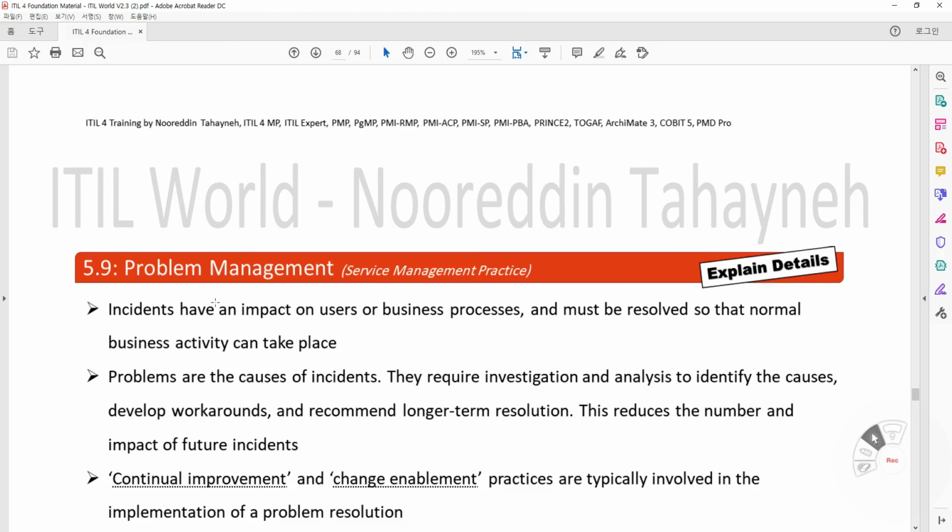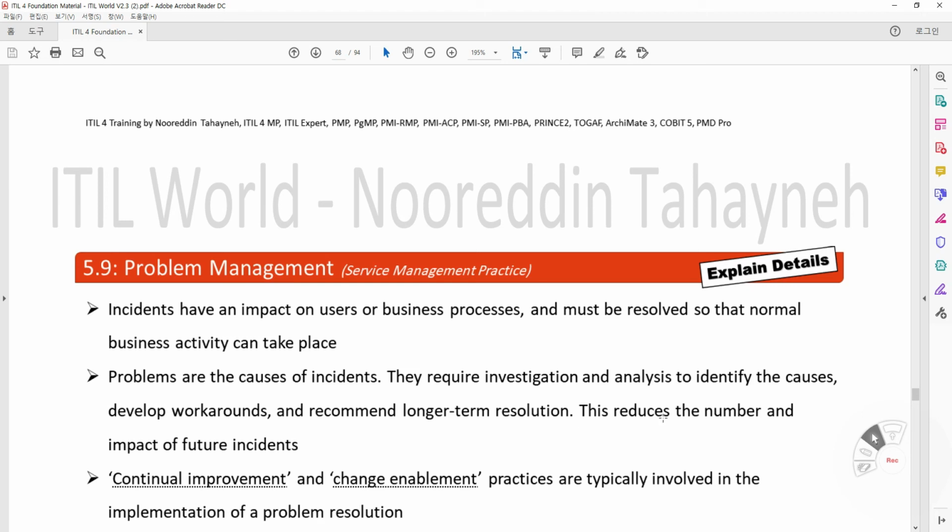Incidents have an impact on users or business processes and must be resolved so that normal business activity can take place. Problems are the cause of incidents. They require investigation and analysis to identify the causes, develop workarounds, and recommend the long-term resolution.